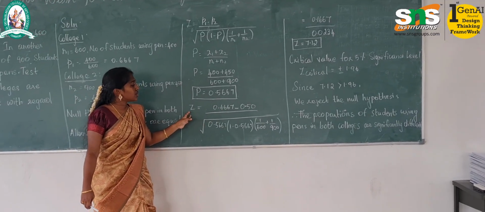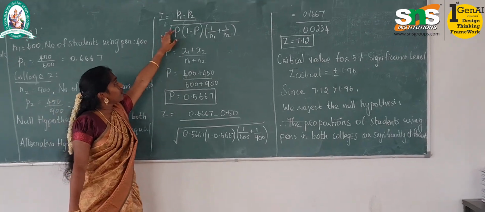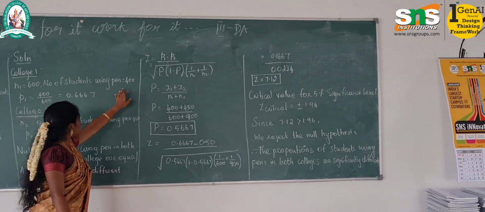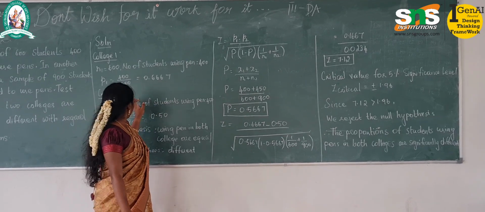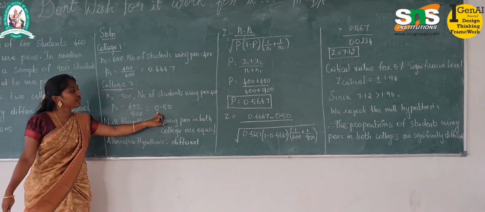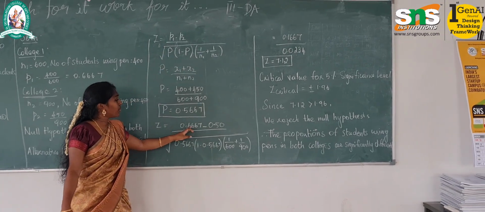Next we are going to substitute the given values as well as the found values in the formula. The value for P1 is 0.667 and the value for P2 is 0.50. Substitute those in the numerator instead of P1 and P2.